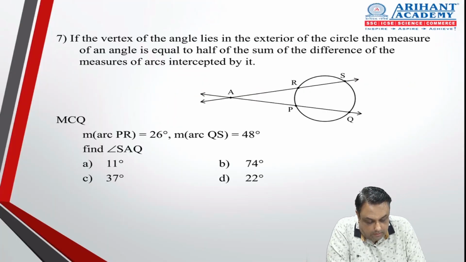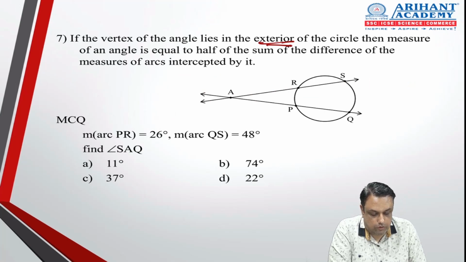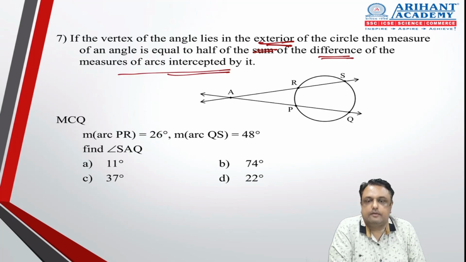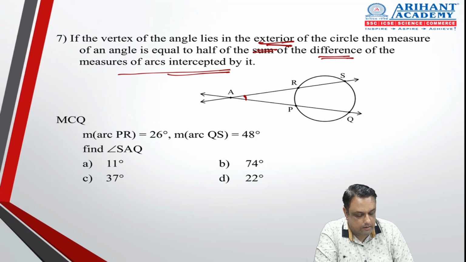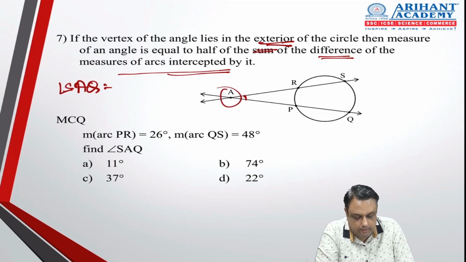Now 7, here the vertex lies exterior, so it will be half the difference of the measure of the arcs intercepted by it. Some mistake, a word came in by mistake, half of the difference of the measure of the arcs intercepted by it. So here the angle asked is angle SAQ. Where is the vertex A lying? Outside the circle.